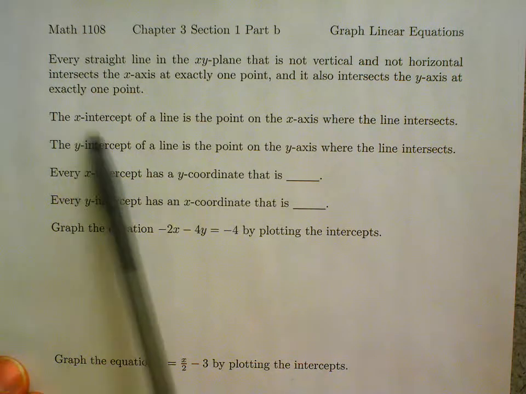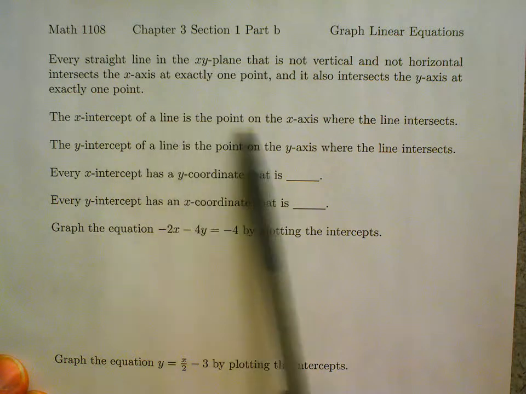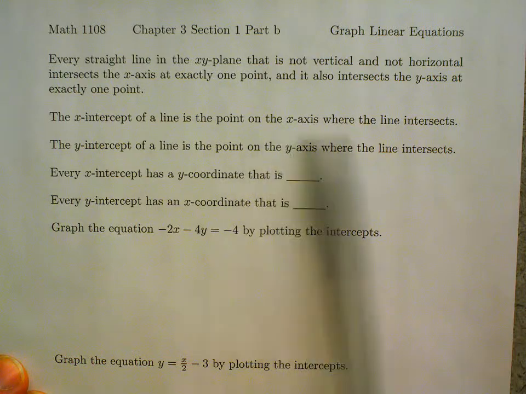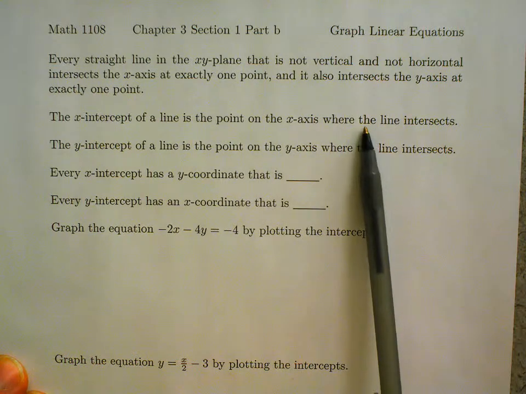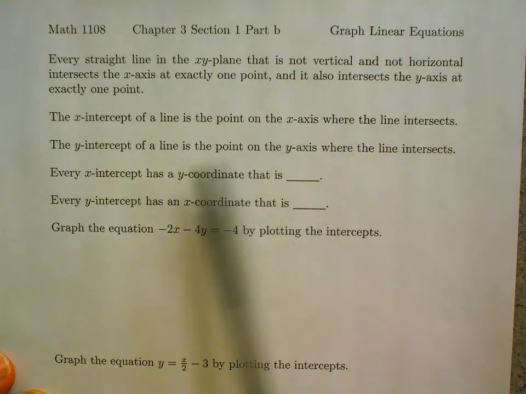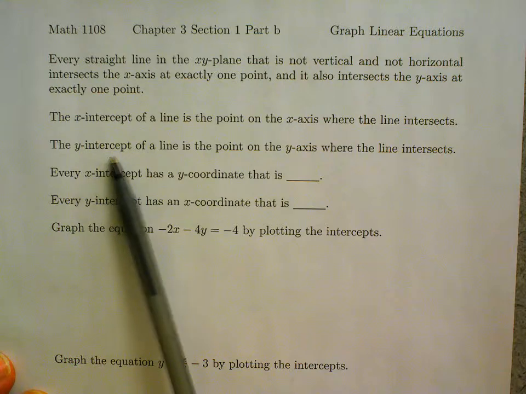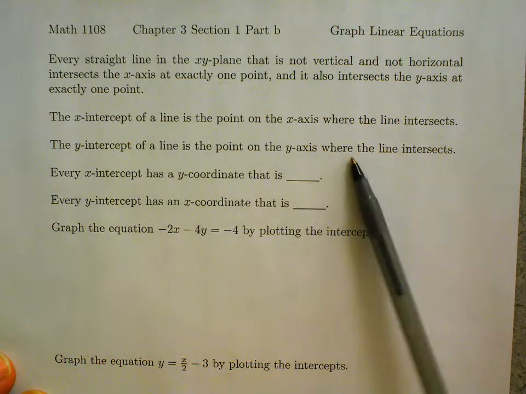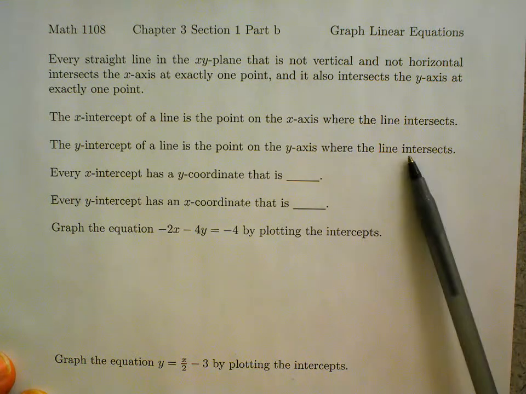The x-intercept of a line is the point on the x-axis where the line intersects. And the y-intercept of a line is the point on the y-axis where the line intersects.